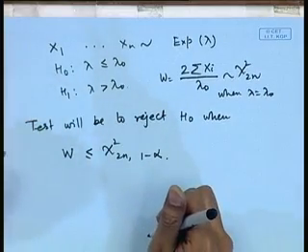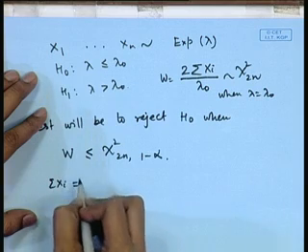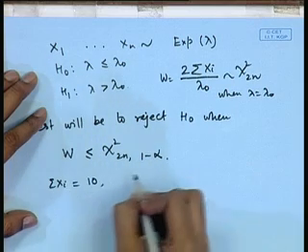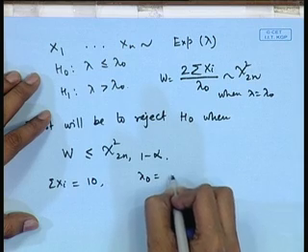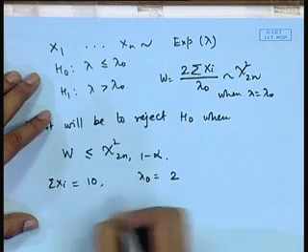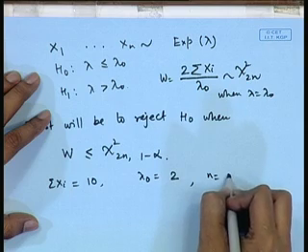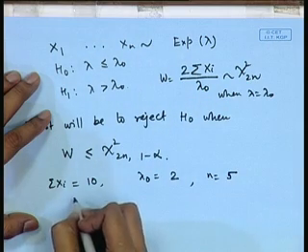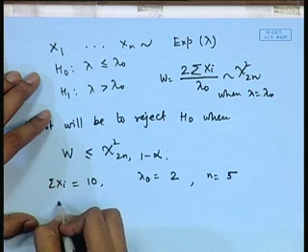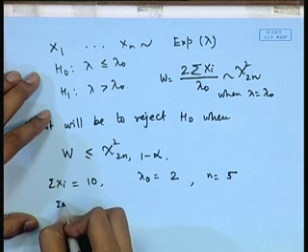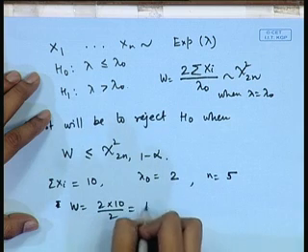Let us just take an example here where sigma xi turns out to be say 10. We are testing about say lambda naught is equal to say 2 and say n is equal to say 5, and say then this test statistic could become equal to sigma xi. So, W will become equal to twice into 10 by 2, that is equal to 10.